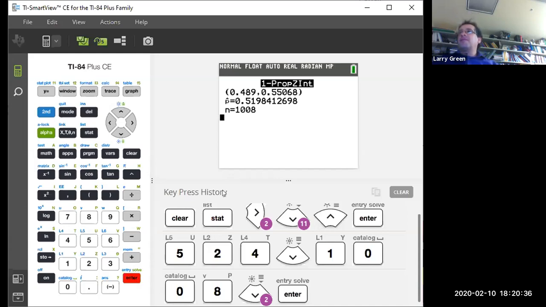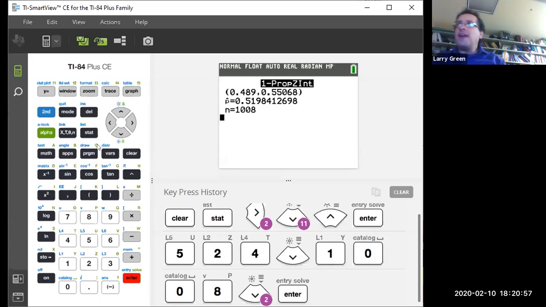Okay, so what I get, I'm going to keep 2 decimals. That's kind of the easiest to talk about. 0.49 to 0.55. And that's the confidence interval rounded to 2 decimal places.